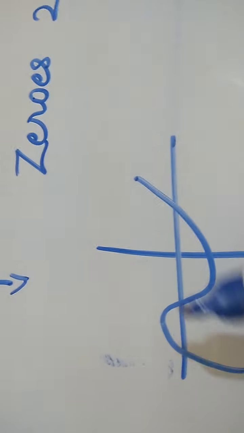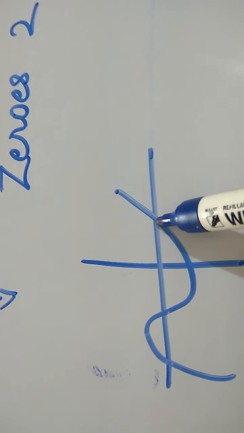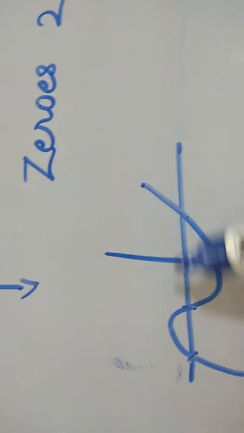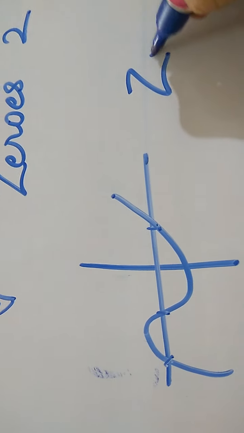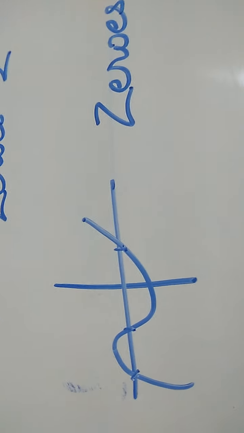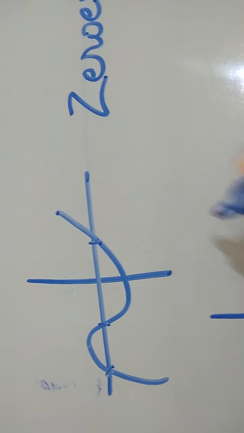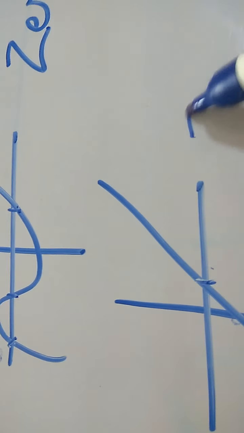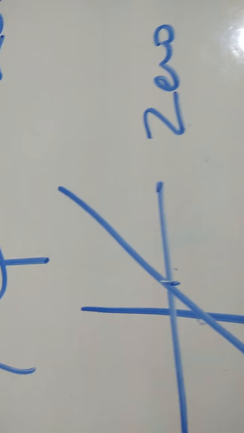In this case, the curve is cutting the x-axis at 3 places. 1, 2 and 3. So the number of zeros will be 3. Here, again, this line is cutting the x-axis at one place, so number of zeros will be 1.